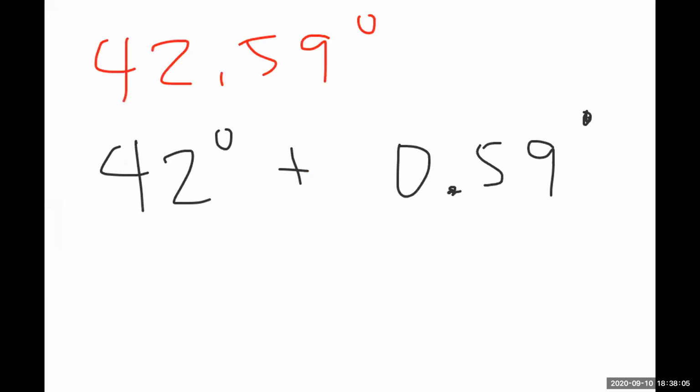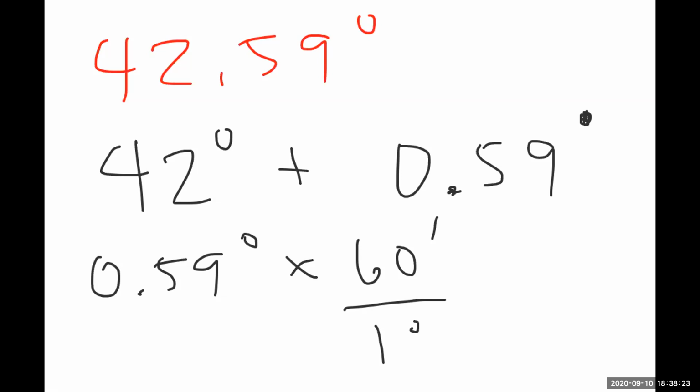First, I need to convert 0.59 into minutes. So I just take 0.59 degrees times 60 minutes per 1 degree.